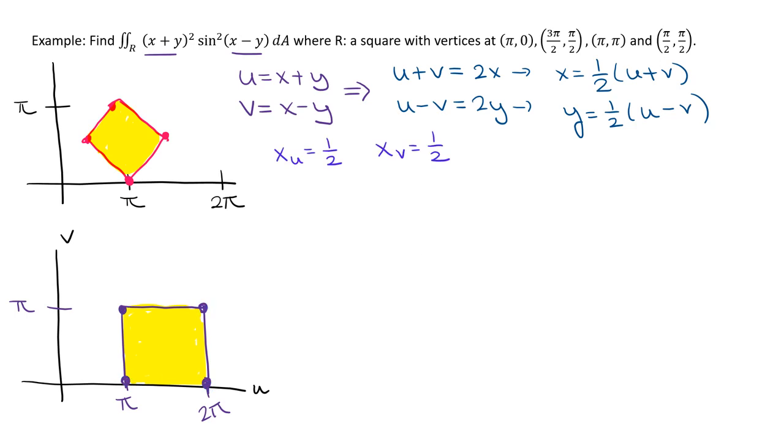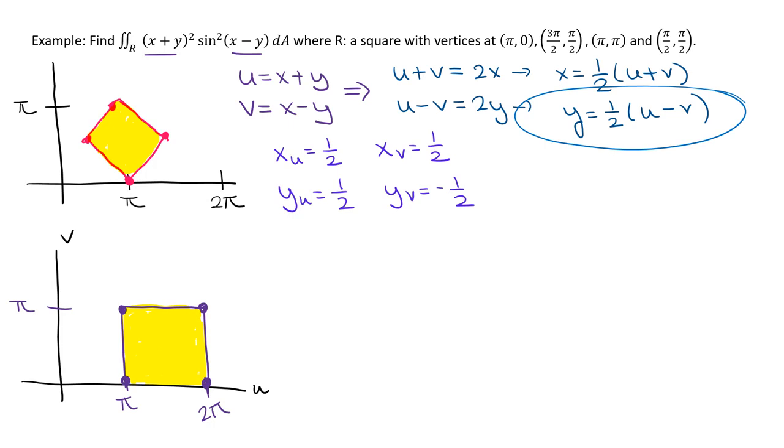All right, so next thing we have to do before we can actually write that integral is compute our Jacobian. So I'm going to take the derivative of my transformations. Derivative of x with respect to u, that's 1/2. Derivative of x with respect to v is also 1/2. And then I'll find my derivatives of the y.